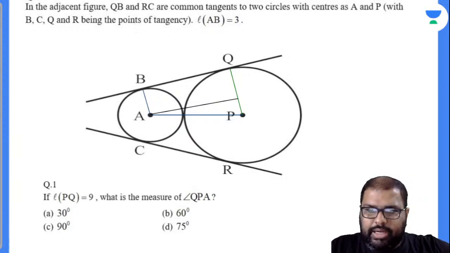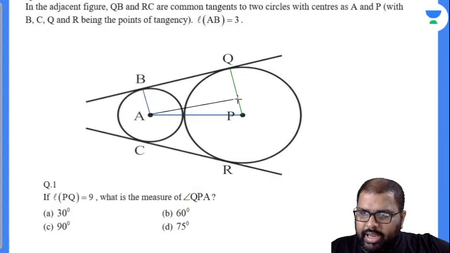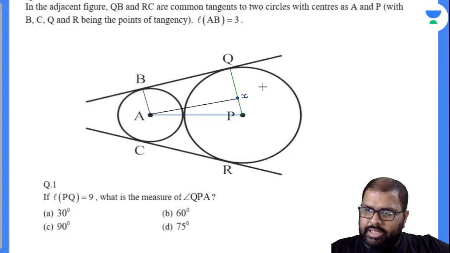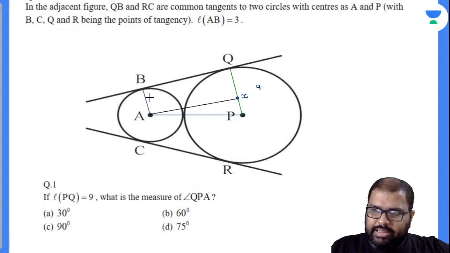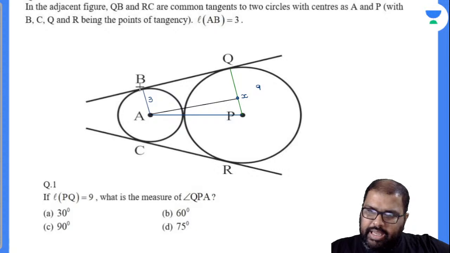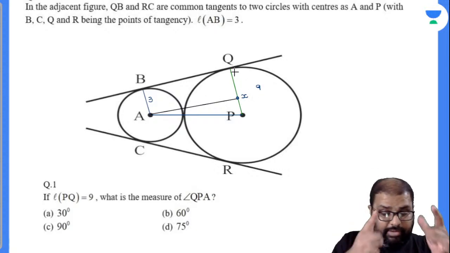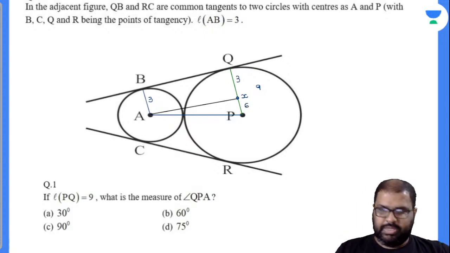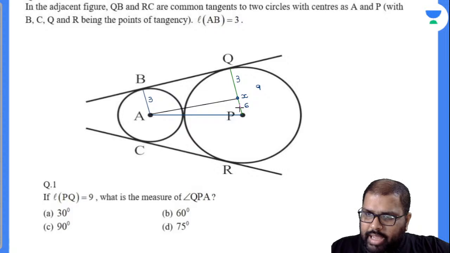I'll take note of this as X. PQ length is given as 9 and AB length is given as 3. Now AB and XQ length will be exactly the same. So QX length will be 3, XP length will be 6 because totally it is 9. And you are asked to find out angle QPA.